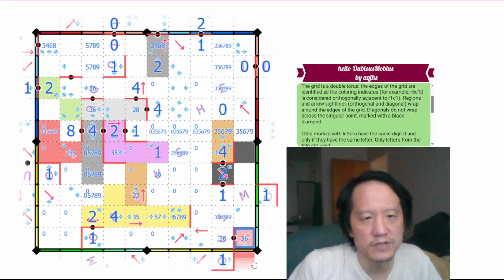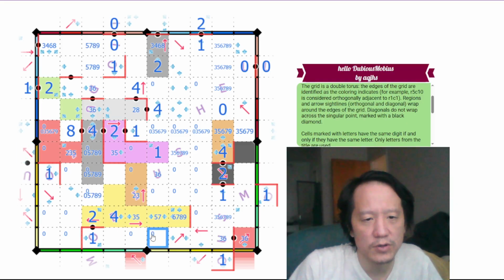Can this ever be 6? I think the answer to that is no. Right, it sees this way. So this is that red that corresponds. It could be, if it's 6, yeah, it just can't read 3, 4.